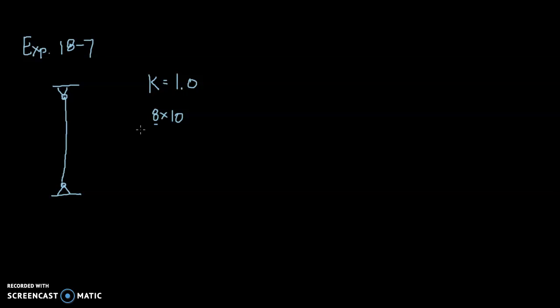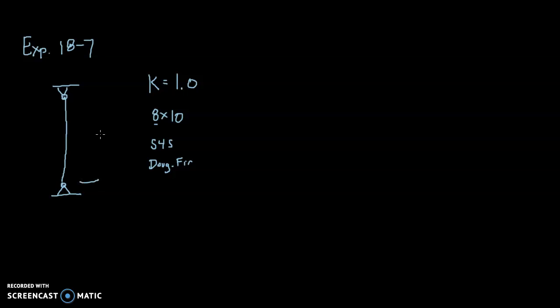We've got an 8 by 10, and it's S4S. That just means it's been surfaced on all four sides, so we can use the S4S dimensions in the back of the book. And it's made up of Douglas fir. That's going to affect the allowable stresses and the modulus of elasticity.